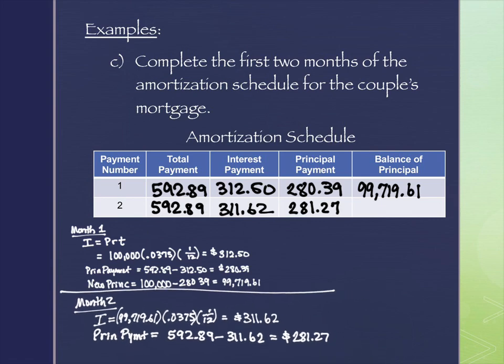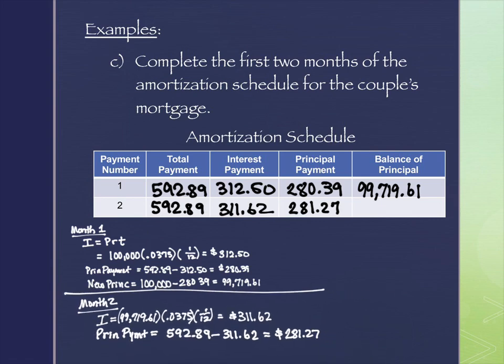Okay, one more thing: that's the new principal. How do I find my new principal? All right, so we take our previous principal, whatever it was, that's the $99,719.61, and we subtract off the new payment that we just made, the previous line, $281.27.